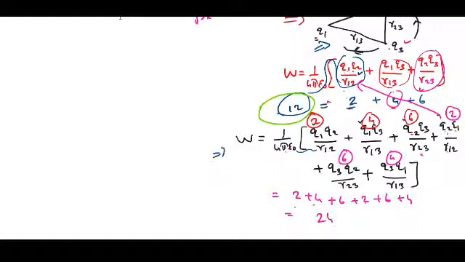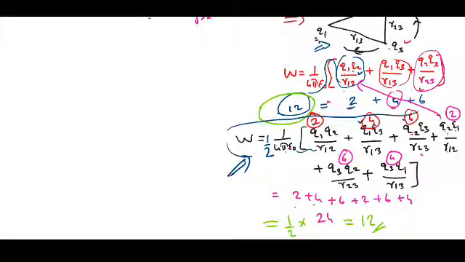But if you multiply this by a half, then we will get 12. That is, if you write 1 by 2, then in this way also you can write the expression for the potential energy of the system of 3 charges.